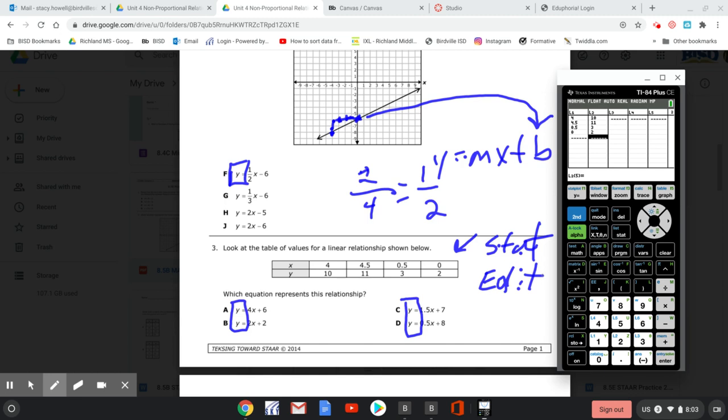I'm going to hit stat, tab, 4, and I know my slope is 2, and my y-intercept is also 2. So based on that, you should know the answer.